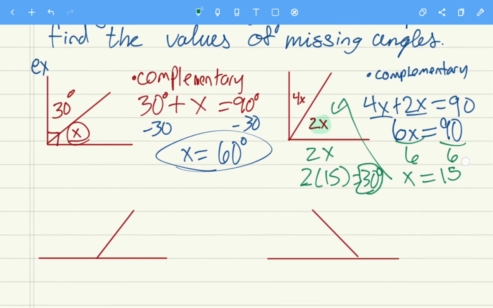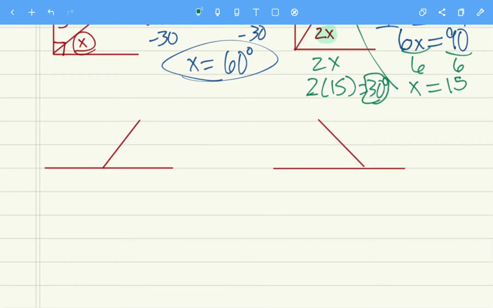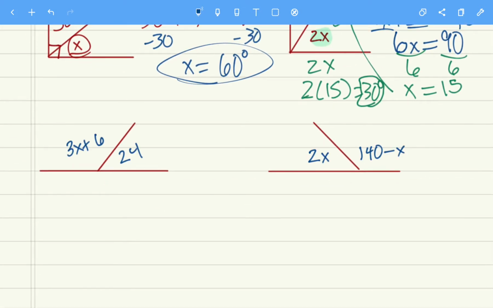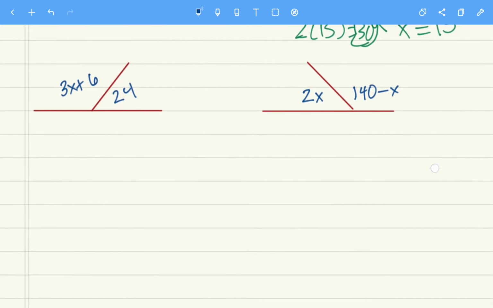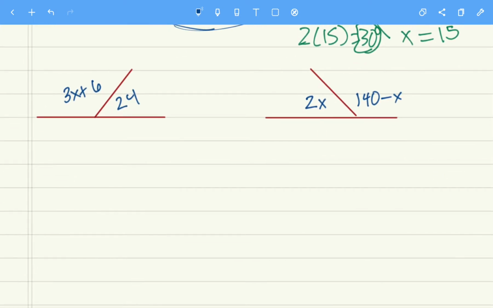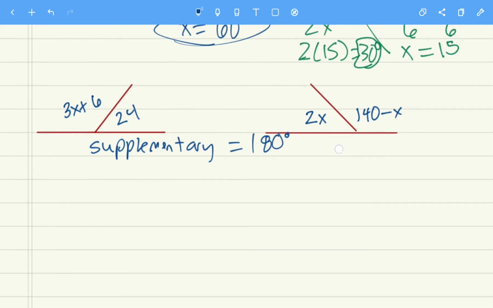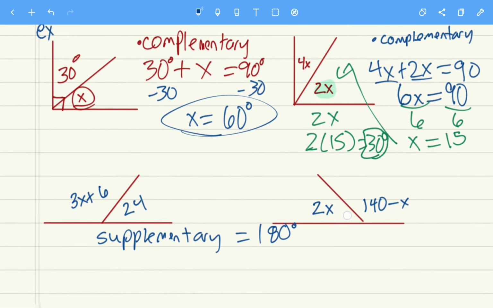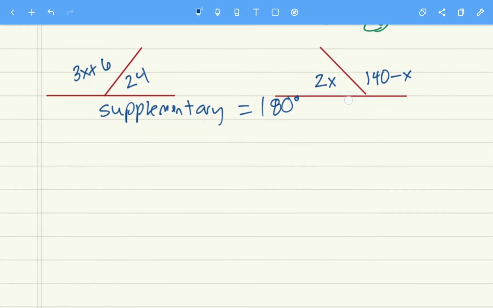Let's look at the next couple examples. Oh, now we have supplementary angles. So now I got actual numbers in them. So supplementary equals 180 degrees. And we're going to repeat the exact same process we did up here, but instead of 90, we got 180.